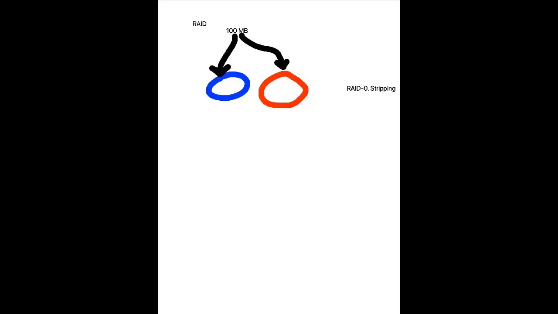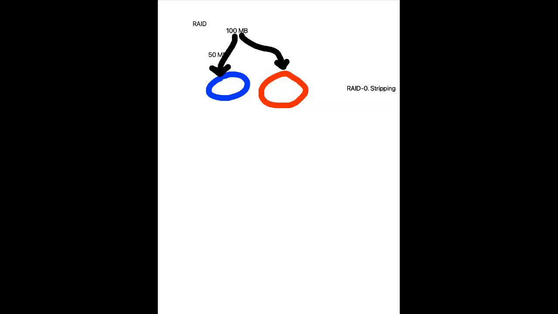That will be decided actually by block size. Yes. So this is called as RAID 0, that is stripping. So 100 MB data is there, but it is spread across two disks. Maybe first 50 MB will be stored on first disk, next 50 MB will be stored on next disk. This is called as a stripping.